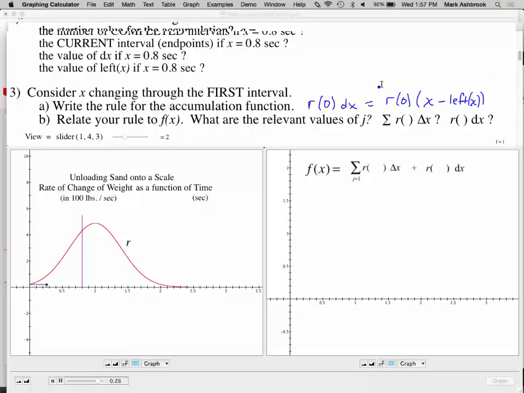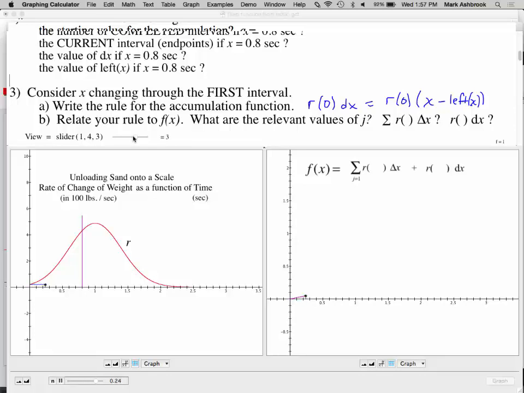That is the rule for the accumulation in the first interval. And since it's a constant rate of change, it's just going to increase constantly. So there it is on the right. As that constant rate plays out for 0.3 seconds, we get a constant accumulation of sand. That's a constant slope to that line, right? Of R of 0.